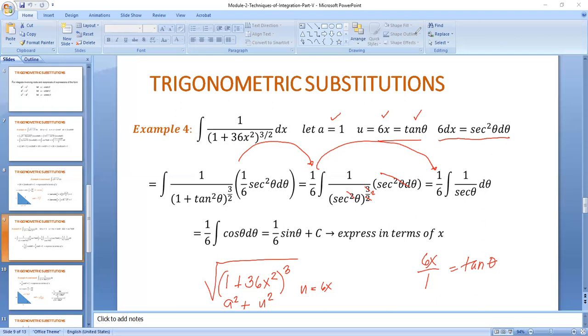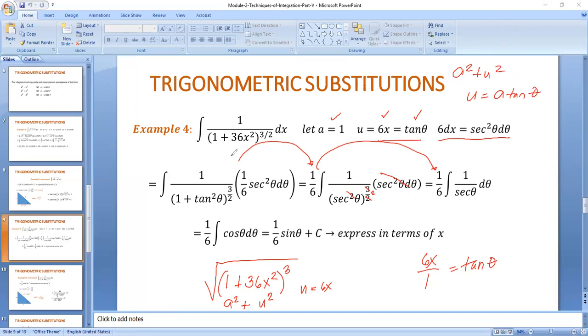If you have the form, we have three substitution equations. One of the three is this, a squared plus u squared. Whenever you have this, you can use the substitution equation. If you have this, your u is equal to a tangent of theta. This is your substitution equation if you have this expression.